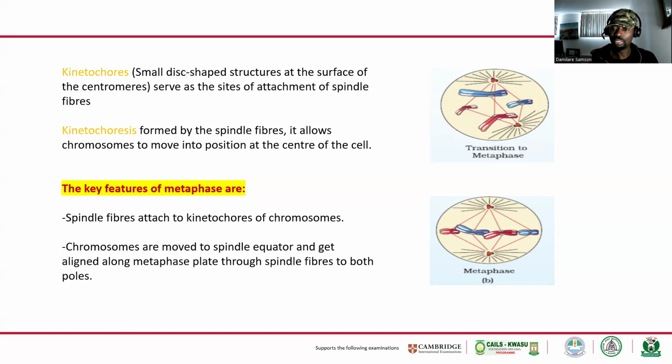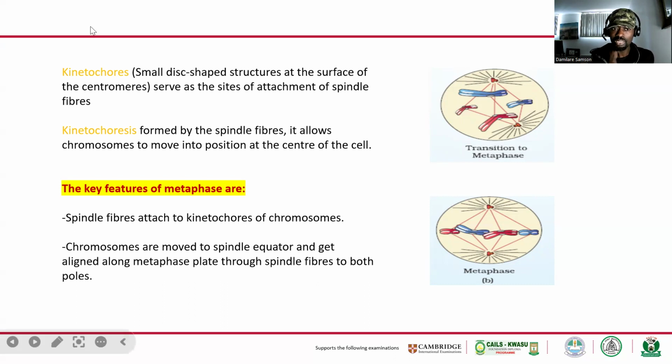The centromere is the point where two chromatids meet and attach together. But the kinetochore is a disc-shaped structure found on the surface of the centromere. Its function is as a site of attachment of spindle fibers during cell division. Good.